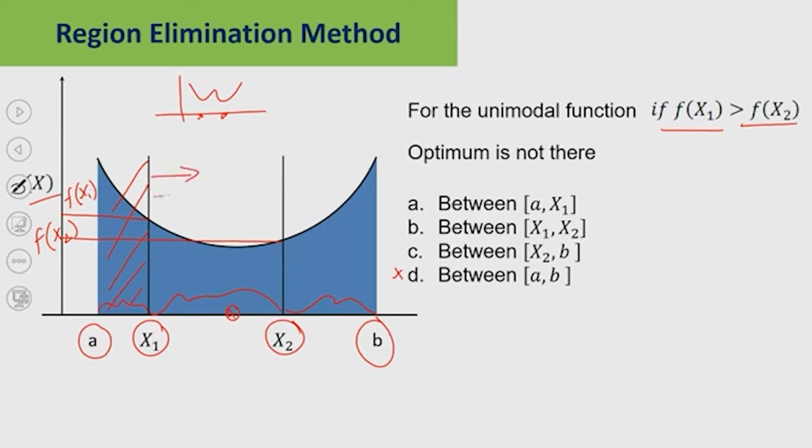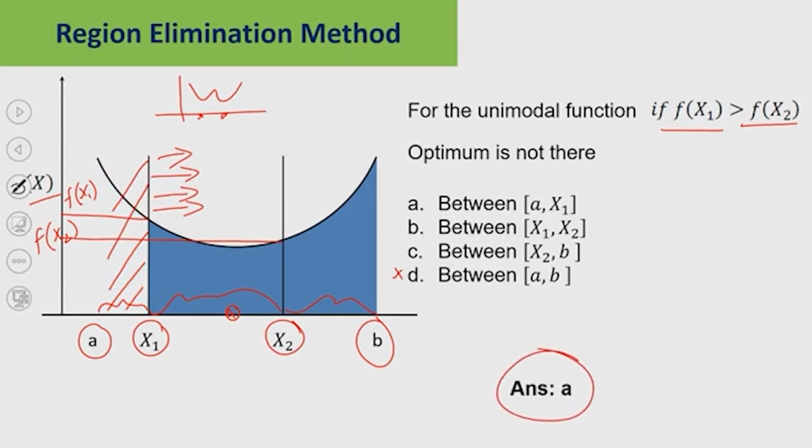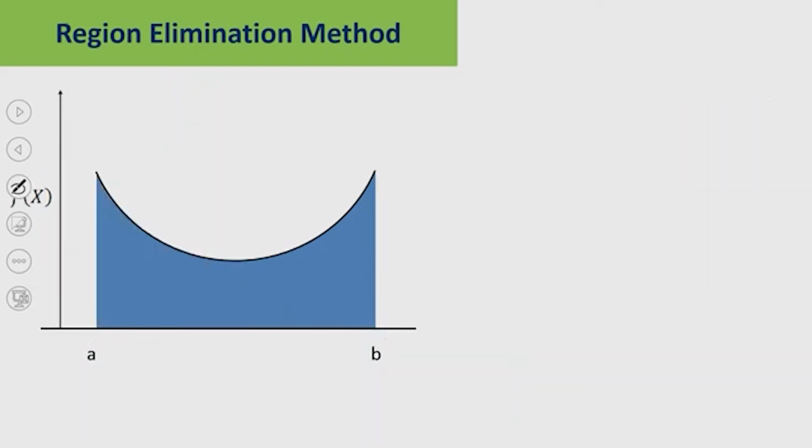Optima is somewhere on that side. Therefore, the solution is a, that means optima is not there between a and x1. I hope this is clear.